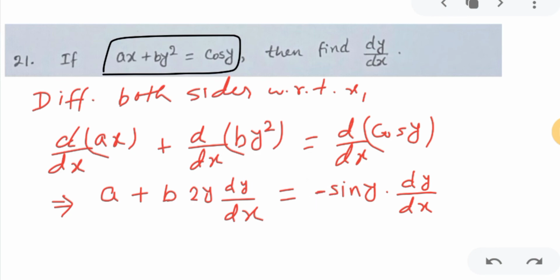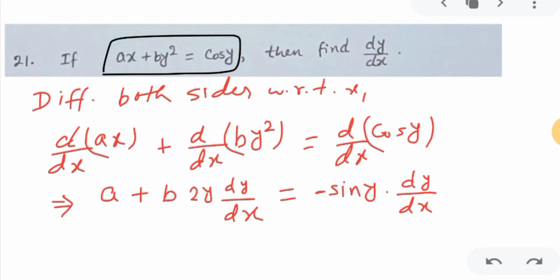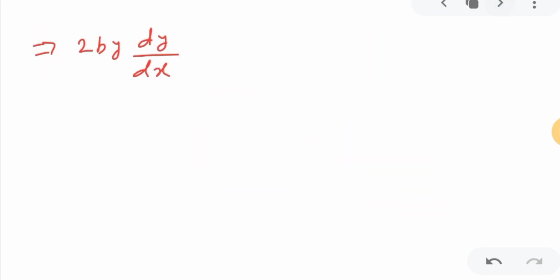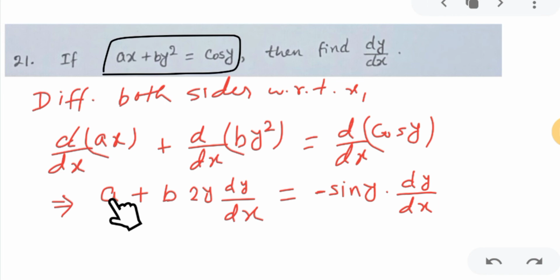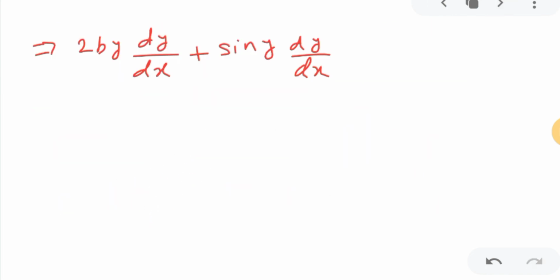So the left side is b into 2y, which I write as 2by dy upon dx, correct, and this term I am bringing to the left side, so minus will become plus, so plus sin y dy upon dx. And this a I am sending to the right side, so it will become minus a.